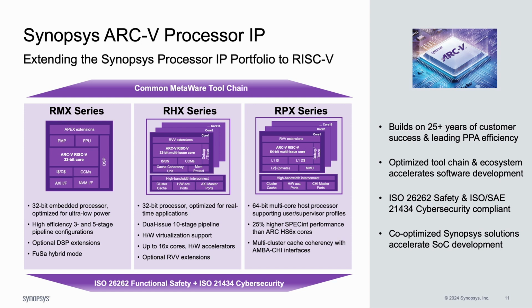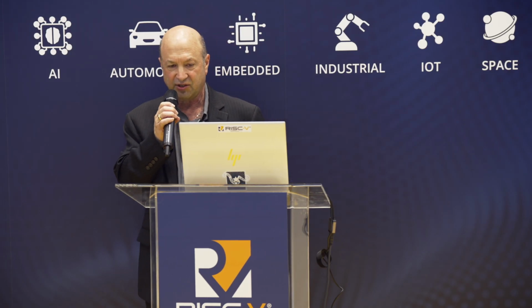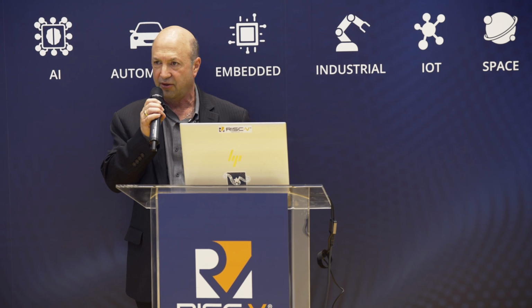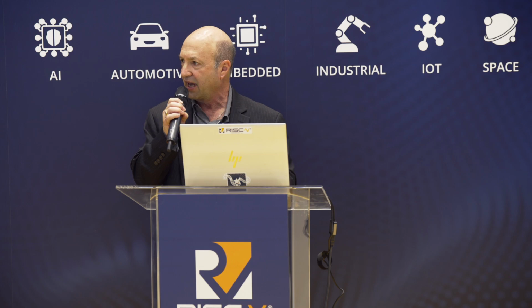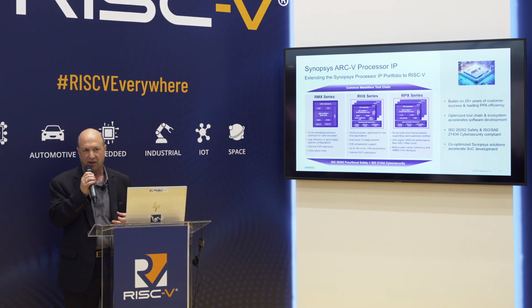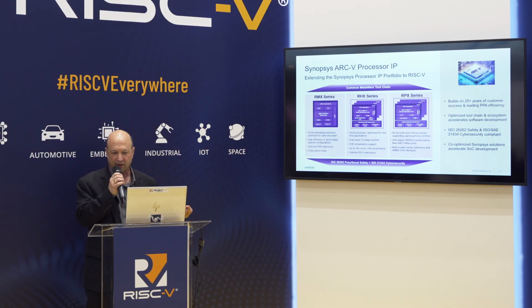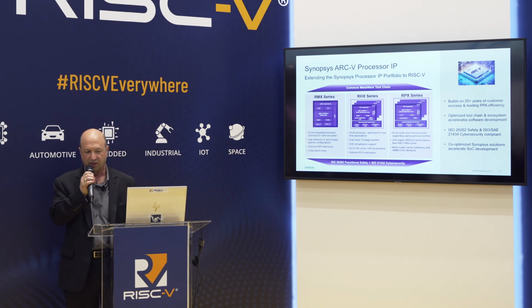So these are microcontroller, real-time, and higher performance processors, building on more than 25 years of customer success and leading PPA efficiency. There's also all the tool chain, all the other tools that you're going to need here, and the full ecosystem of software tools that you want for your SoC development.